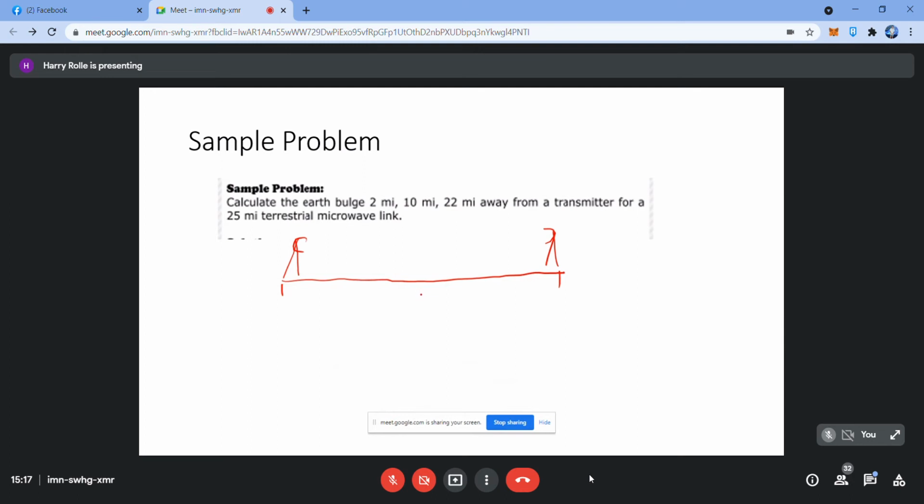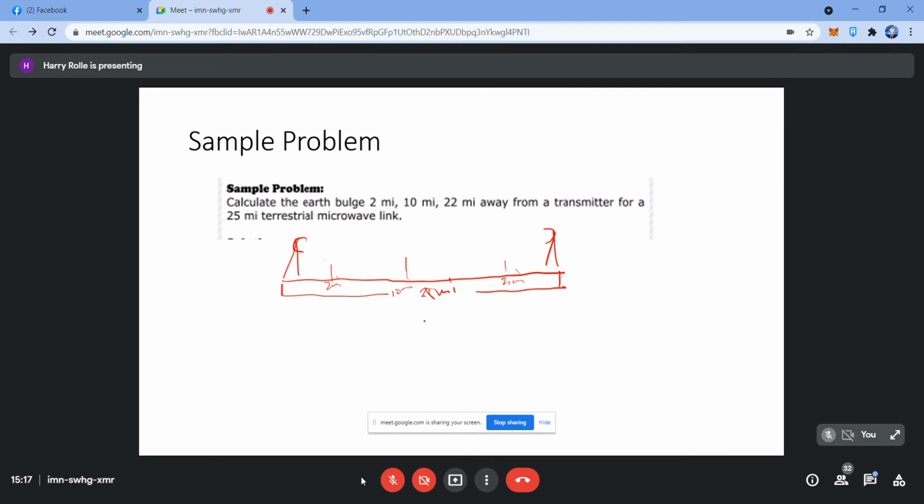Guys, what is the full distance that we have? 25. 25 what? Don't forget the unit, miles, because we have different units. So we have 25 miles as the full distance between your transmitting and receiving towers. The first one has an obstruction at 2 miles away, another obstruction at 10 miles, and another obstruction at 22 miles. This is just an example, not accurate.